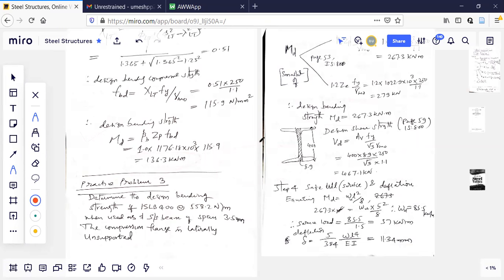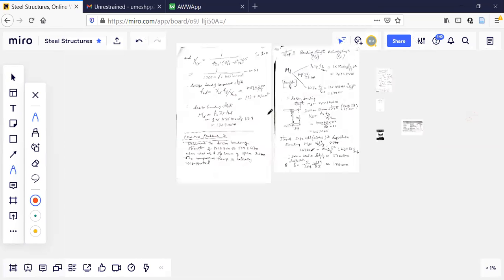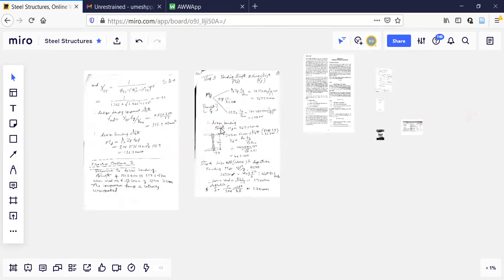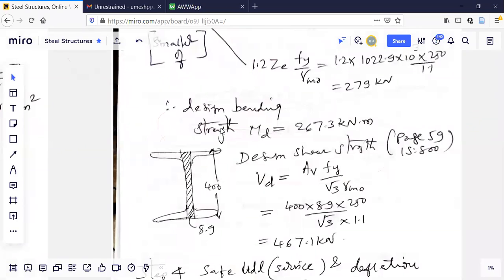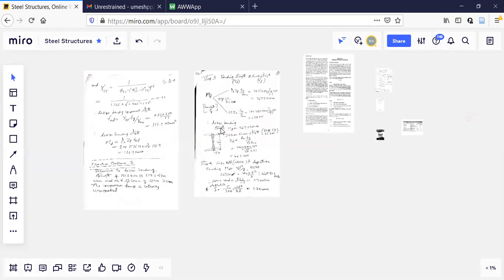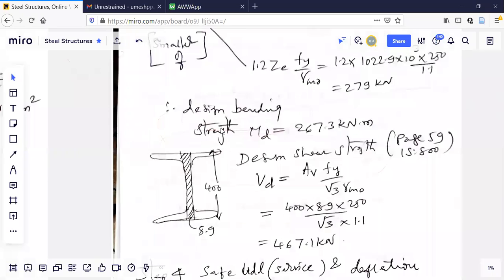It is not in your syllabus; that is a higher level. So don't worry about that. You have to assume the boundaries are fixed. Supports are restrained, so there is no question of any torsional buckling at the support. In between the supports it may happen.